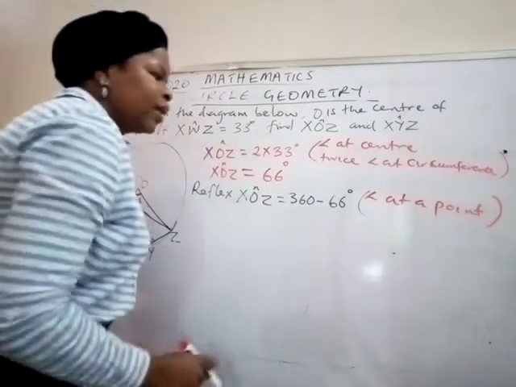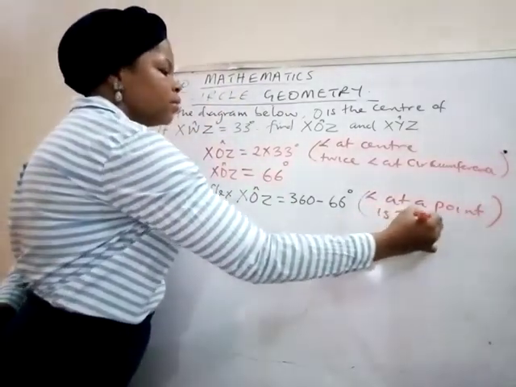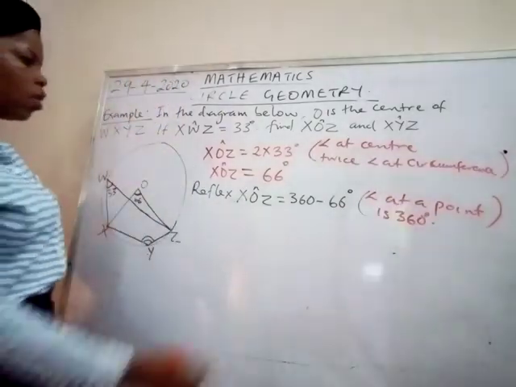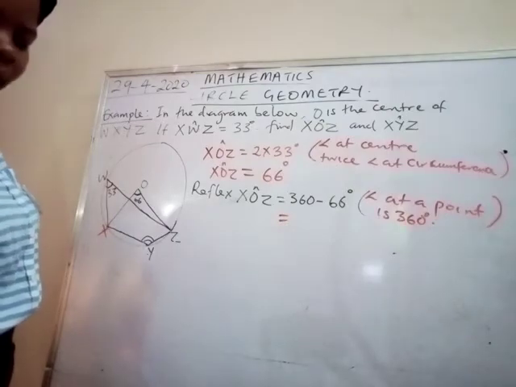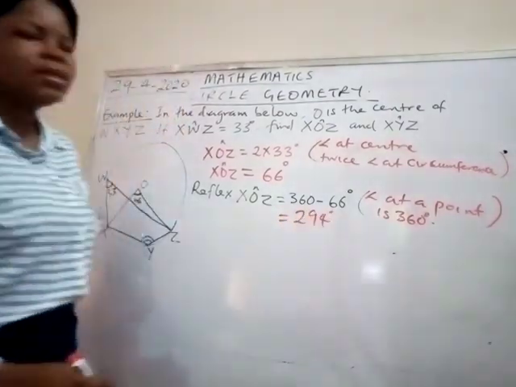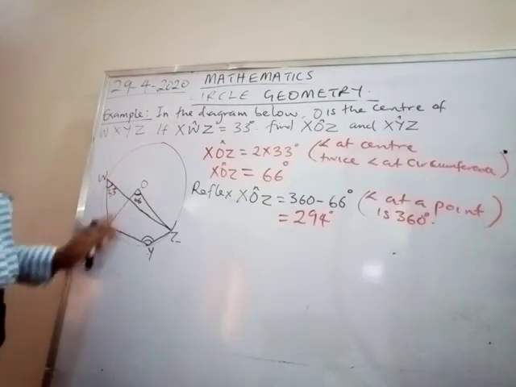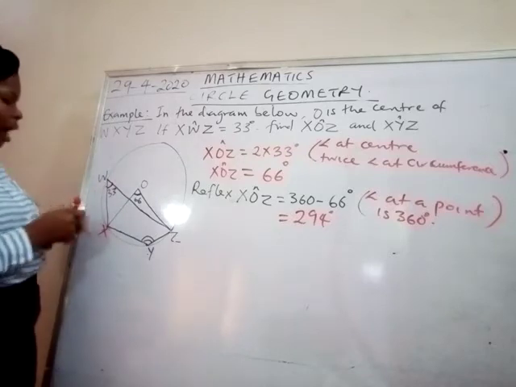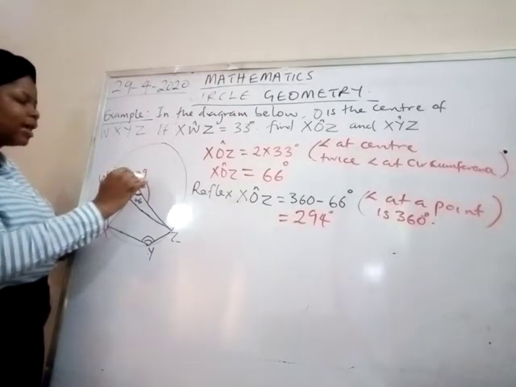So I will subtract that. That will give me 294 degrees. 360 minus 66 degrees. So that means I've gotten the reflex angle. That is the angle for the big arc here, 294 degrees.